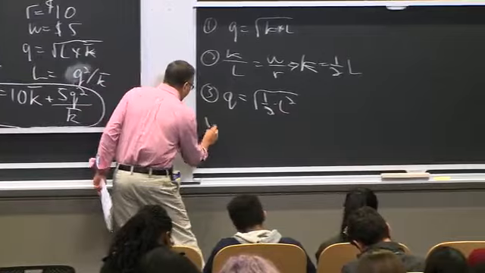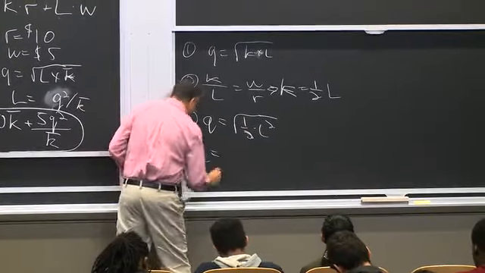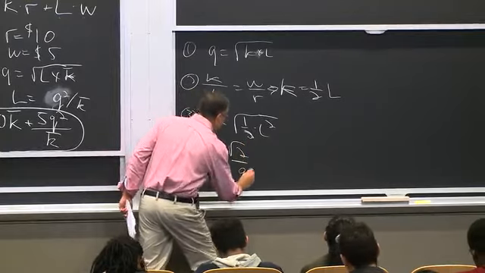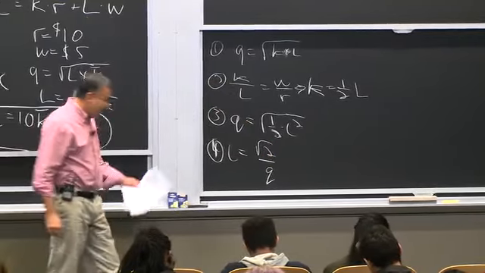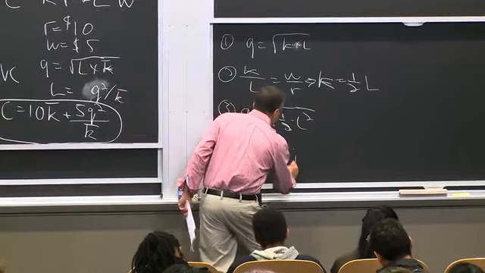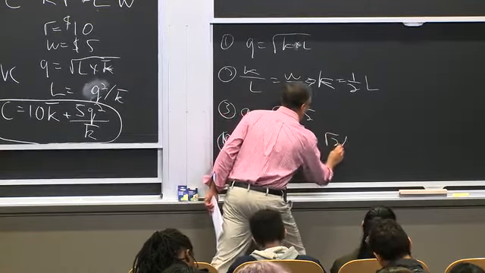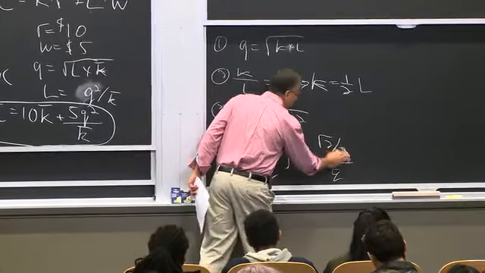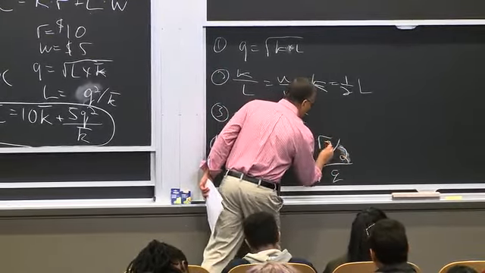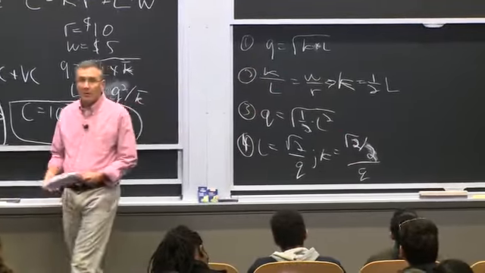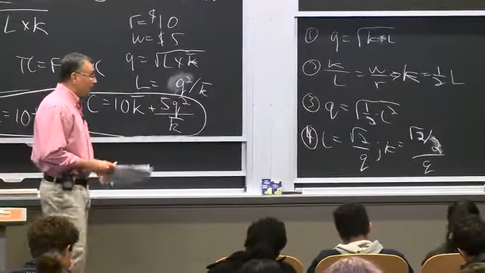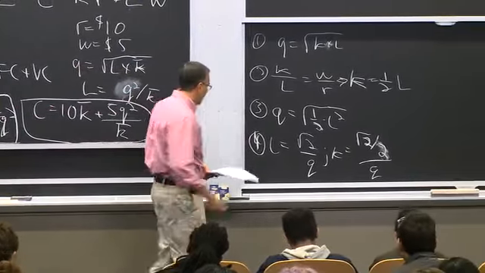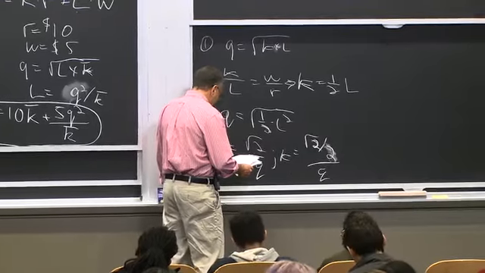Therefore, we can solve for L and K. L is the square root of 2 over Q, and K is the square root of 2 over 2 over Q. I'm sorry, no, not over Q. That's my bad.